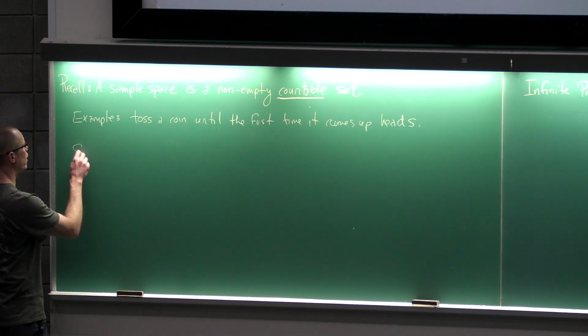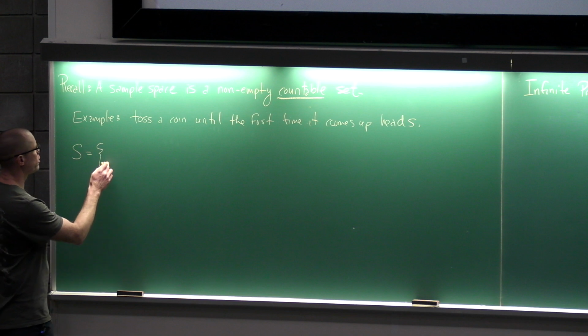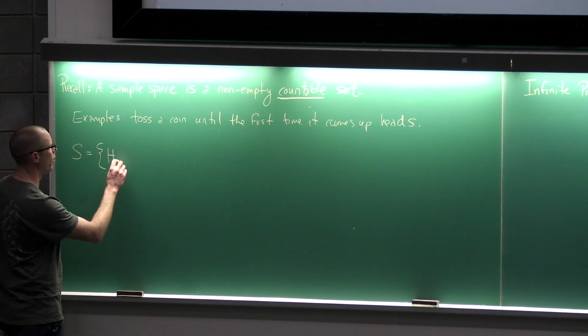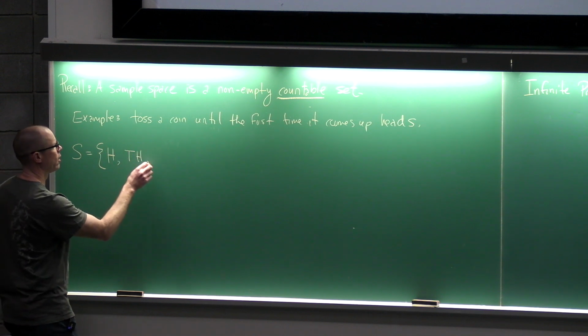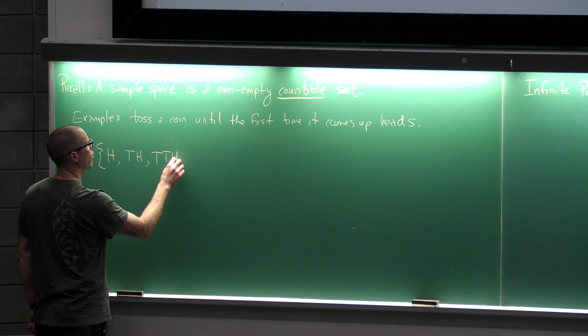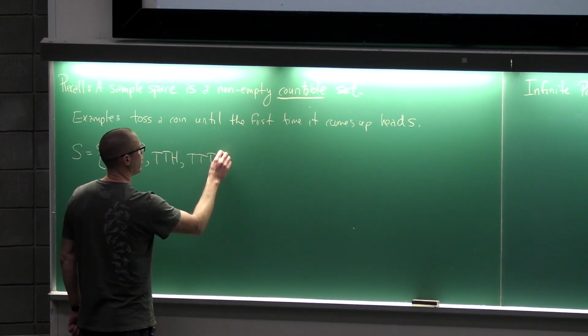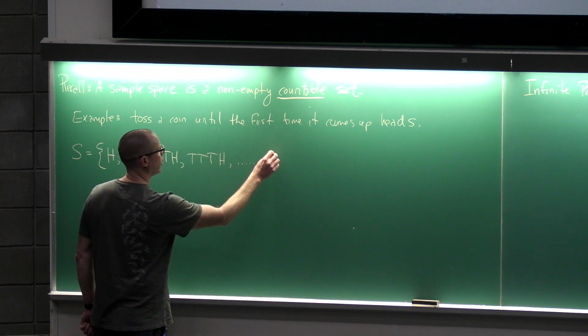So in this example, the sample space looks something like this. Maybe you toss the coin the first time and it comes up heads, so you stop. Or maybe the first time it comes up tails and then heads, or maybe 2 tails in a row and then heads on the third one, or maybe 3 tails in a row and then heads on the fourth one, and so on forever.